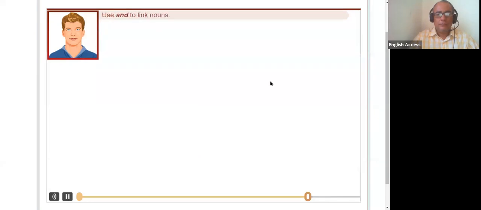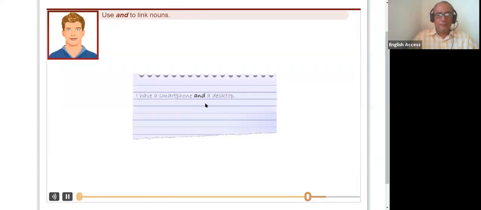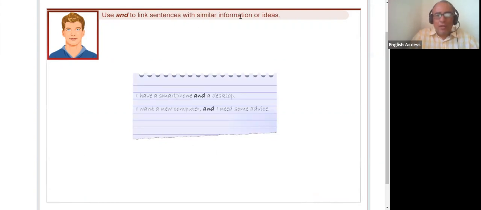Help note. And. Use and to link nouns. I have a smartphone and a desktop. Use and to link sentences with similar information or ideas. You see, Fatima, the information is similar or the idea is similar. I want a new computer and we can erase this and some advice.